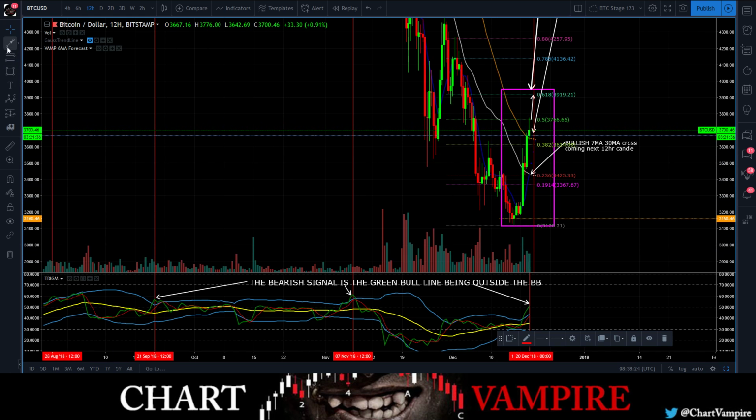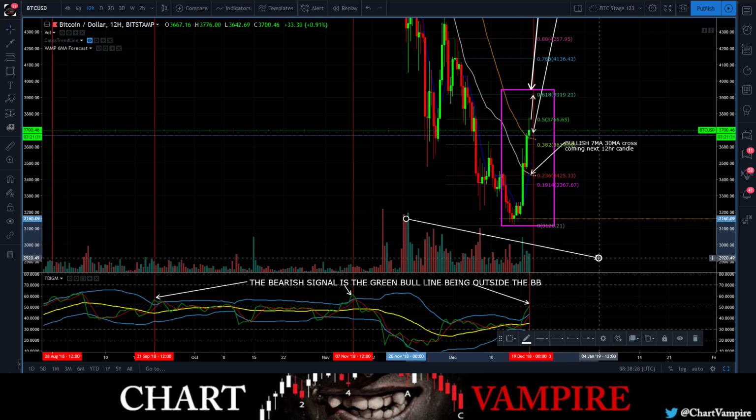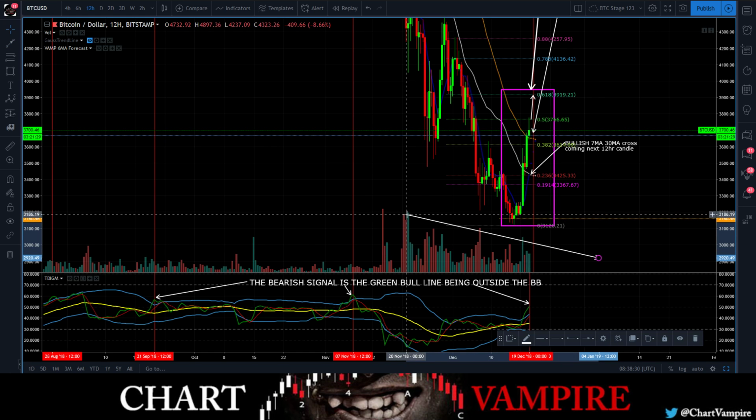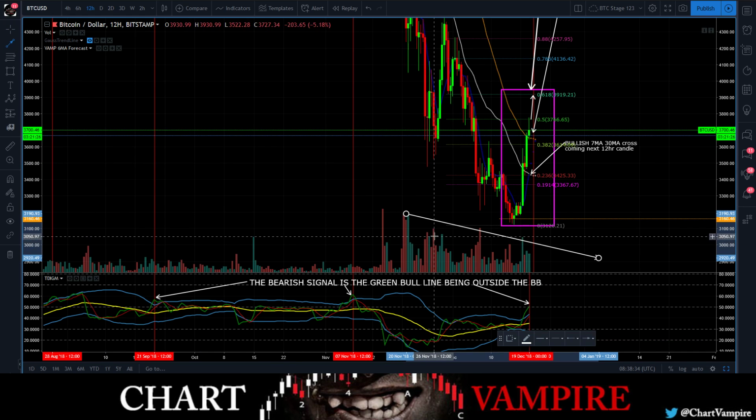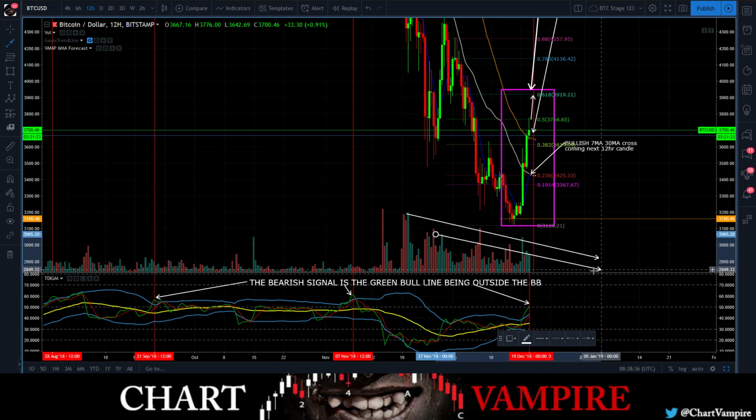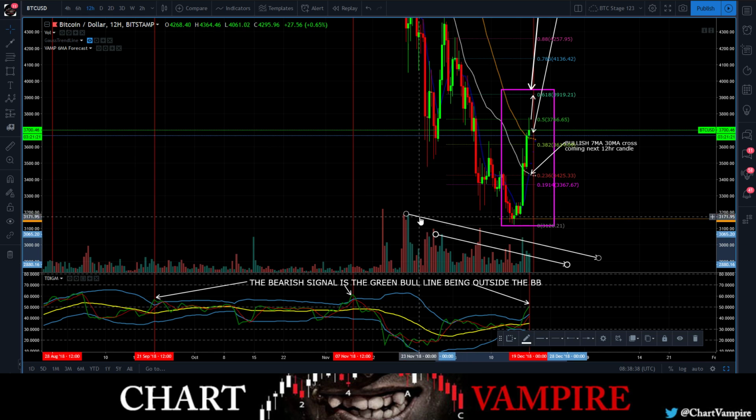Now, the overall trend is bearish. This is the overall trend of volume. Your larger volume has been dying. It's been descending. Your volume has been falling off as this trend has moved along.